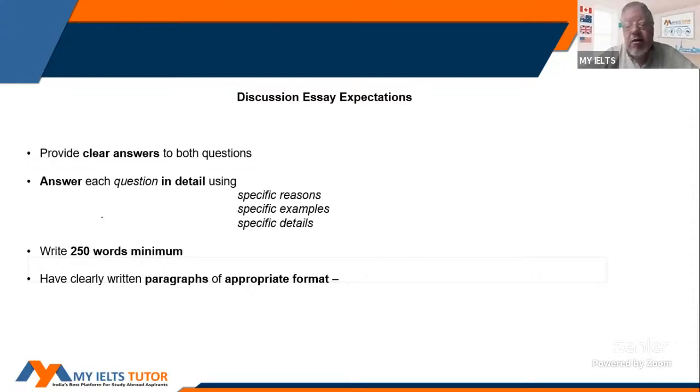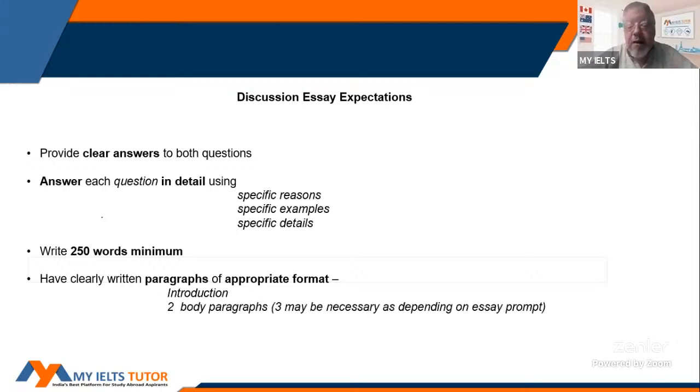And you need to use the appropriate format, which is this: an introduction, 2 body paragraphs. Now you might need 3 depending on the essay prompt, okay? In this case, how many questions do you have? If you have 3 questions, you'll need 3 body paragraphs. And then your conclusion, all right?